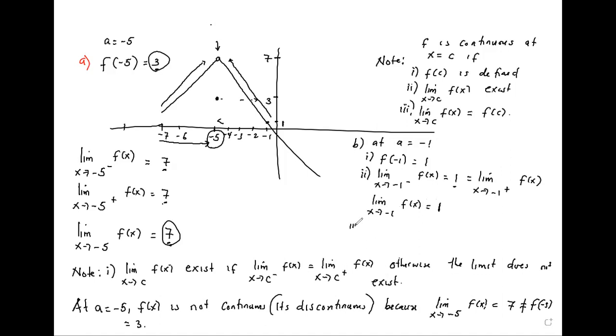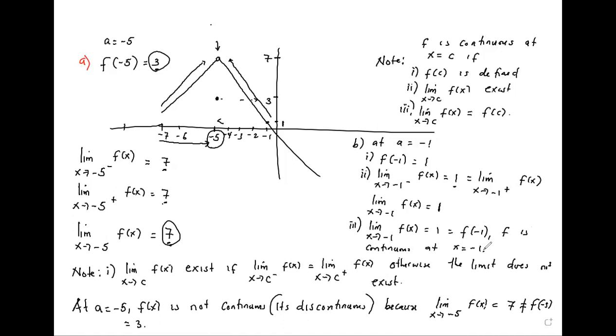Then 3, because the limit as x goes to -1 of f of x is equal to 1, which is the same thing as f of -1, then f is continuous at x is equal to -1.